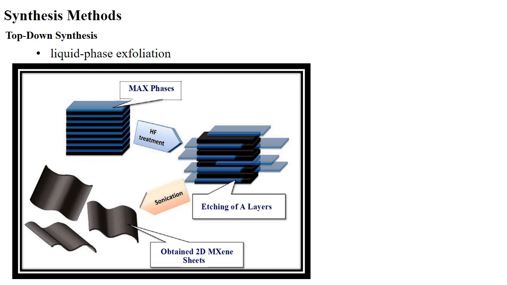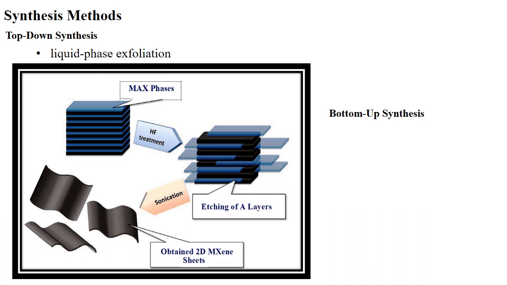Okay. The second approach is bottom-up synthesis. So the bottom-up approaches are an alternative method to produce 2D nanomaterials via atomic level control of their components and morphology.